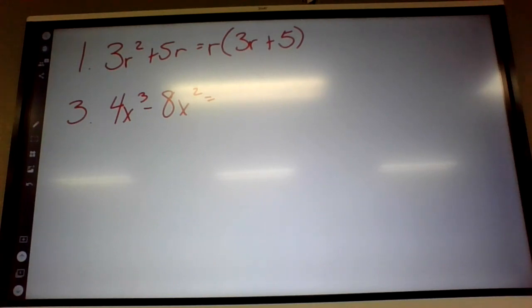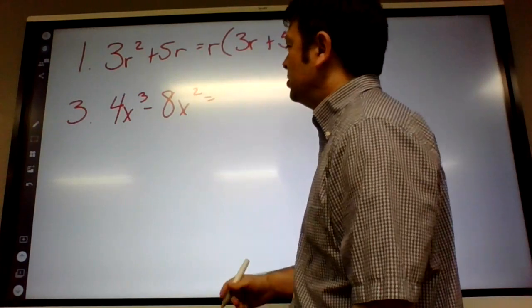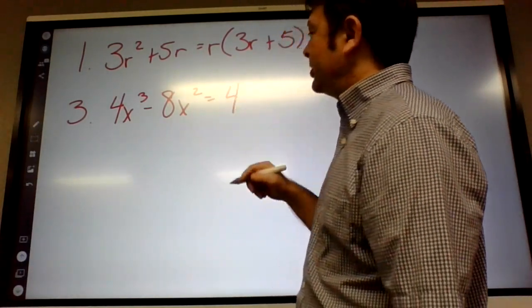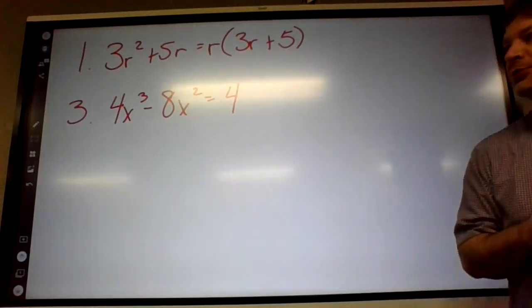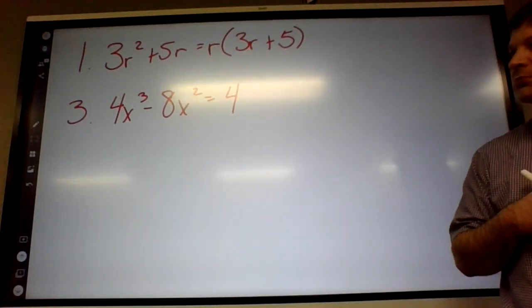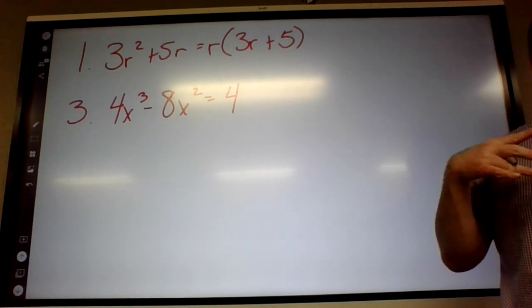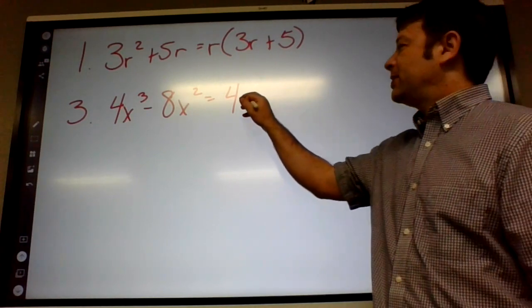All right, so AJ, what goes into 4 and 8? 2. Okay, bigger, 4. And then what can go into x to the third and x squared? X. They both have at least 2, so that means we can take a 2 out.